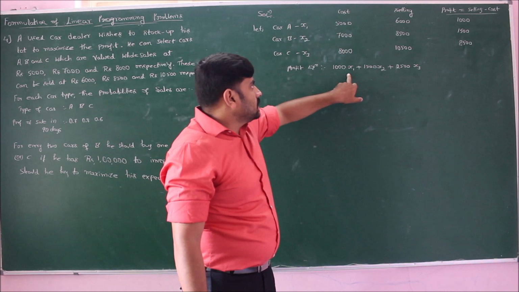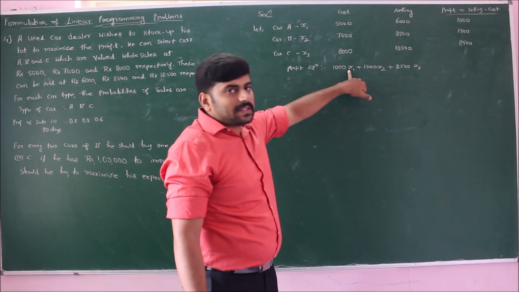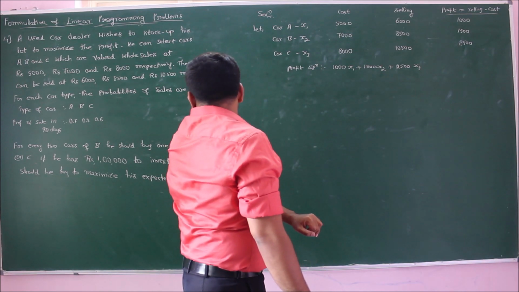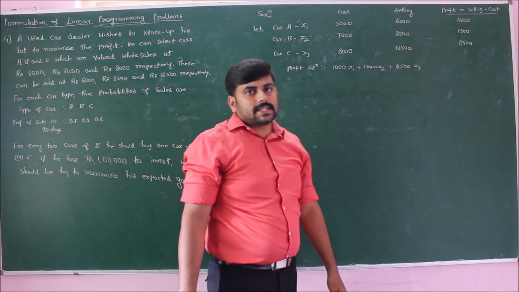The probability of selling these cars is 70% of x1, 80% of x2, and 60% of x3.